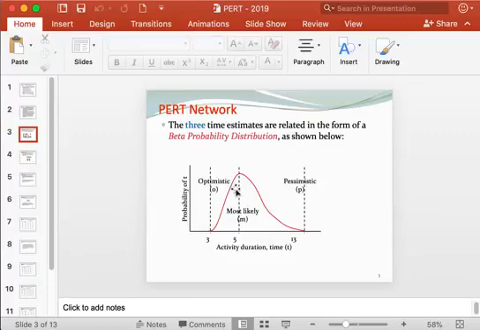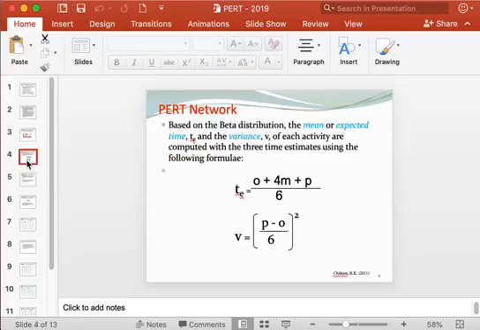So using this probability distribution function, you can have a function, and using that function you can find out what is called expected activity duration.